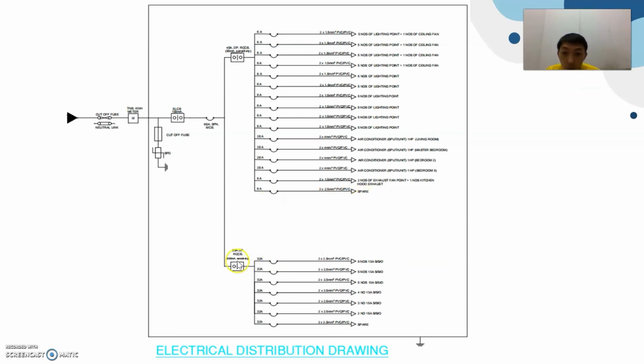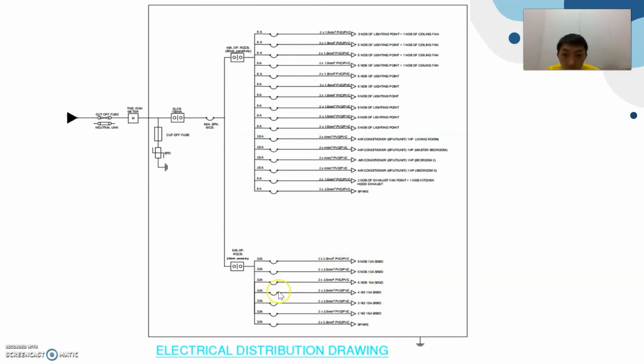For the 63 ampere RCCB, this is to control the socket. This is the 32 ampere circuit breaker to control the 5 of the 30 ampere sockets with the PVC pipe 2 times 2.5 mm square, and this 3 is the same.